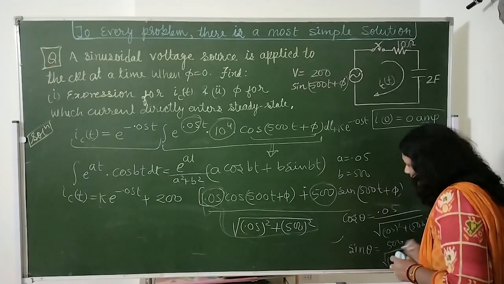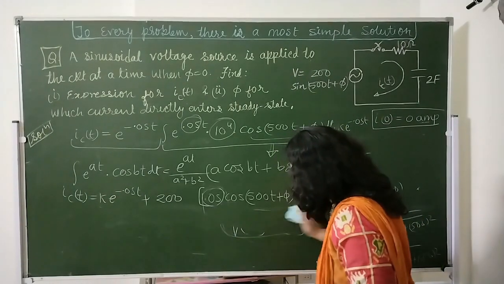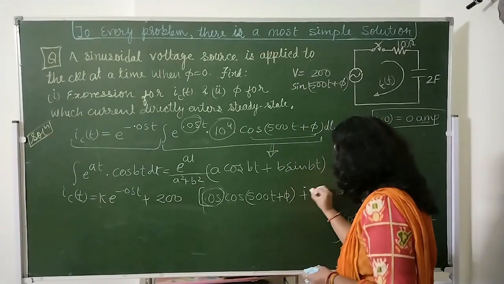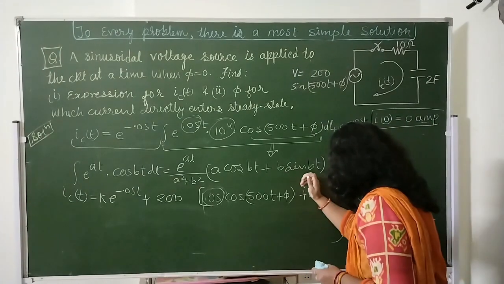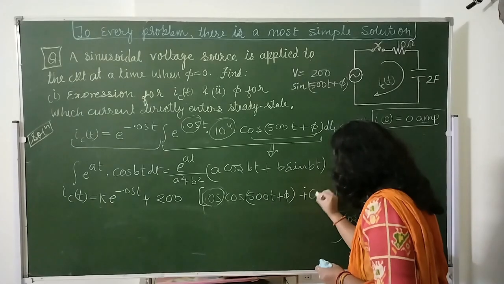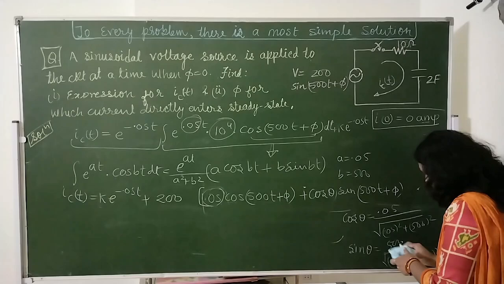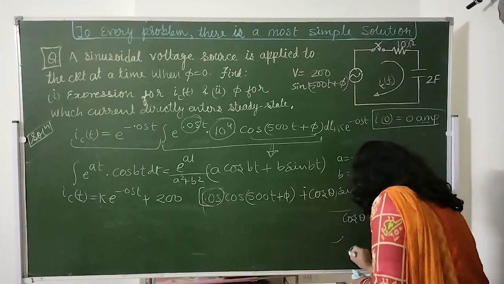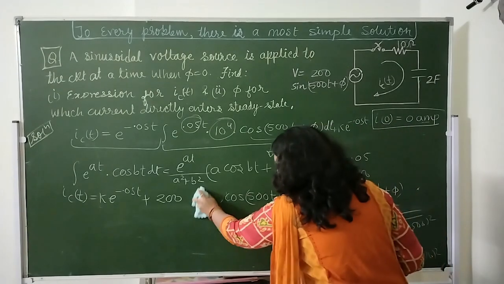So first replace. Here will come sin theta. Sorry, this is cos theta because I want to use the identity sin A cos B. So this is cos theta and this is sin theta.